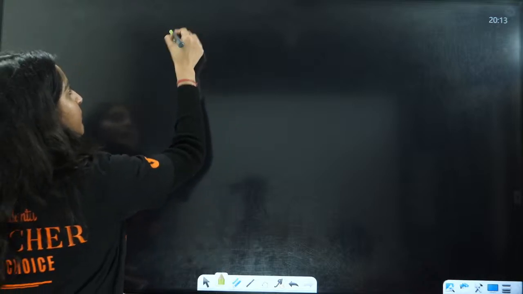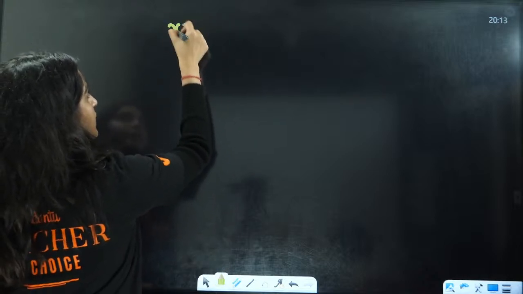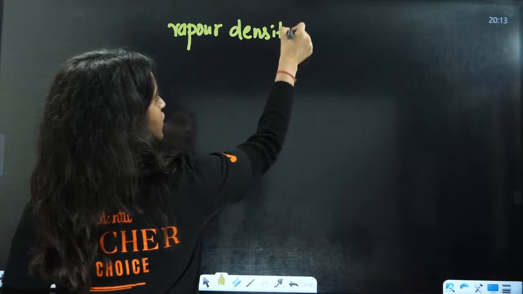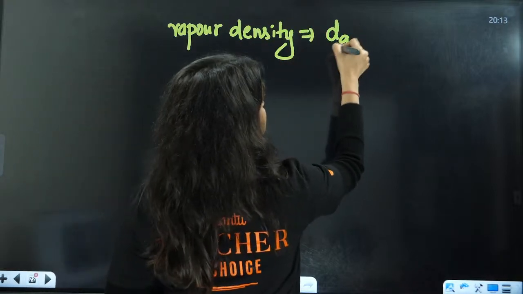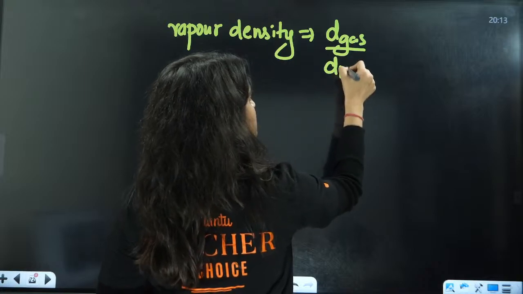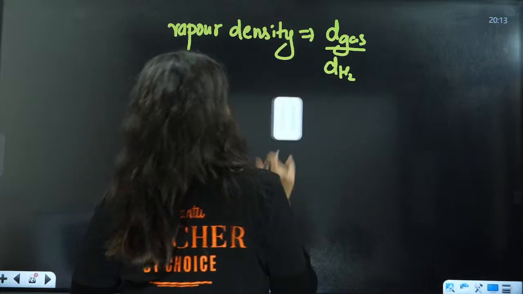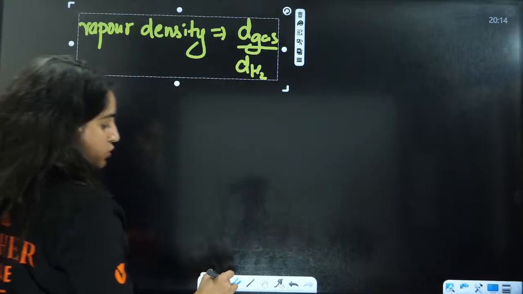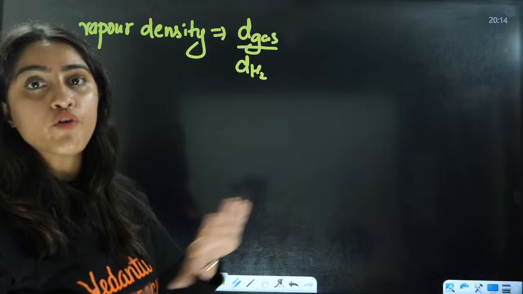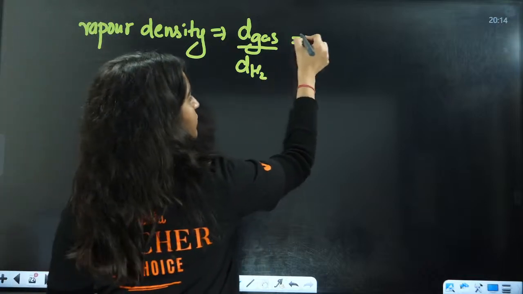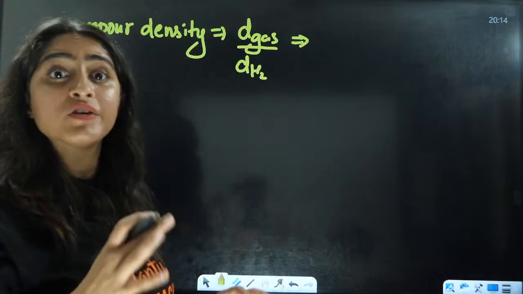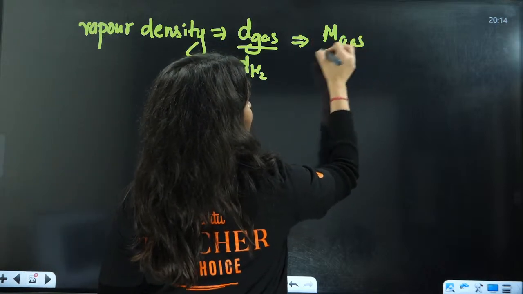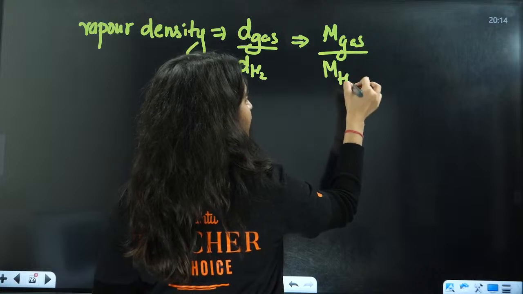First is vapor density. Vapor density is equal to the density of gas divided by the density of H2. Applying the ideal gas equation, PV equals nRT, that is equal to the mass of gas divided by the mass of H2.